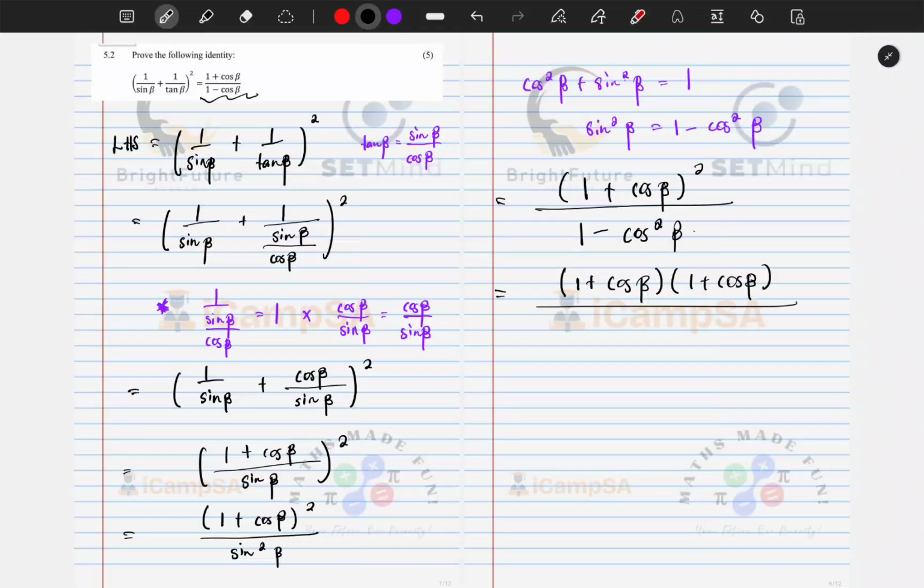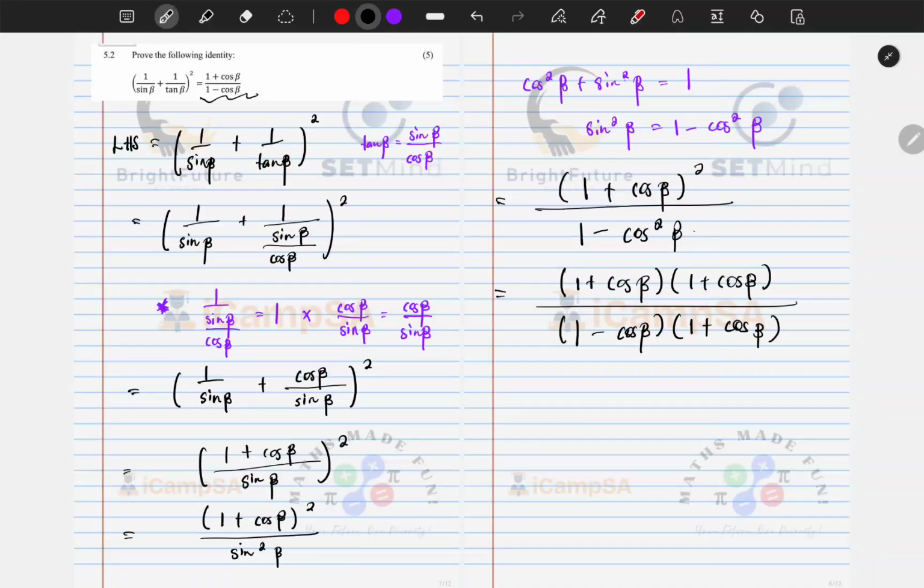So 1 minus cos squared beta is going to be the same thing as 1 minus cos beta times 1 plus cos beta.